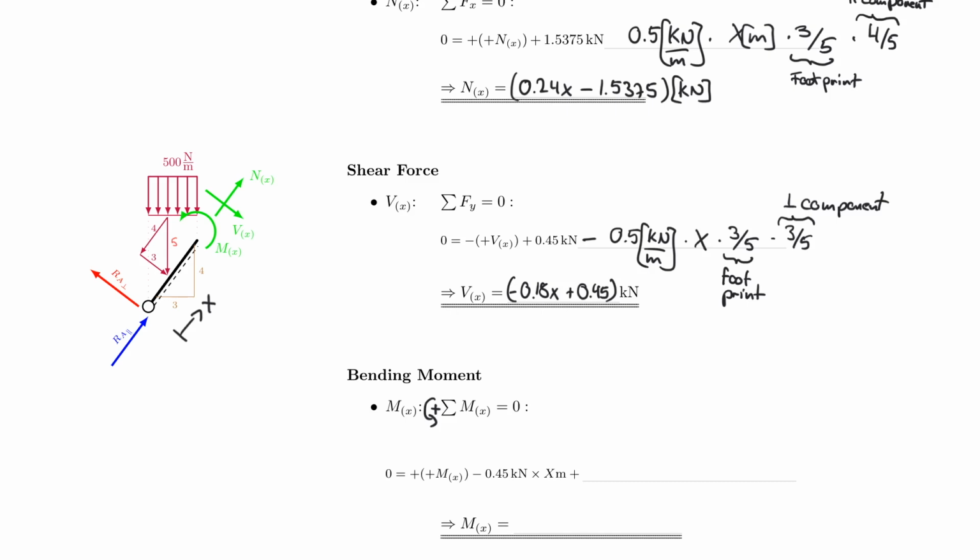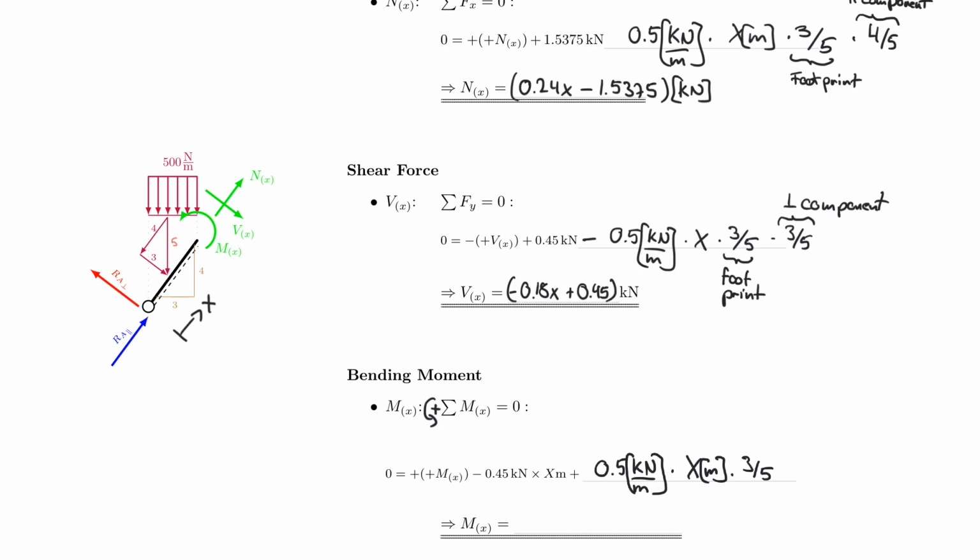We need first to create our resultant force, which is very similar to what we did for the shear force. So 0.5 kilonewton per meter multiplied by x meters multiplied by 3/5. And that is similar to what we have done before.